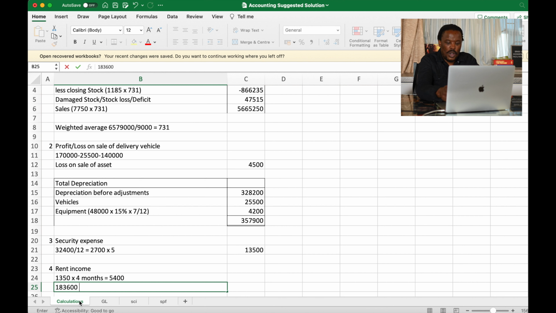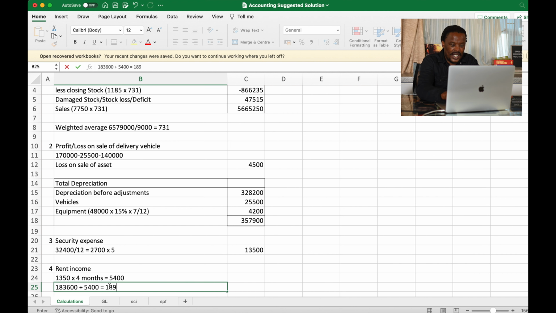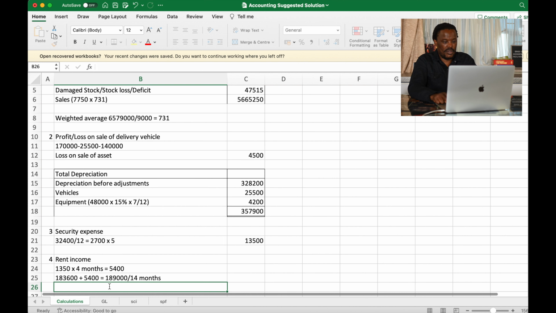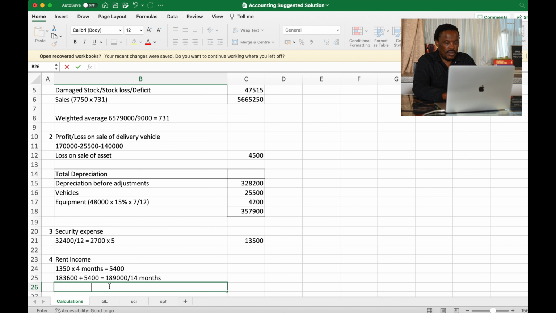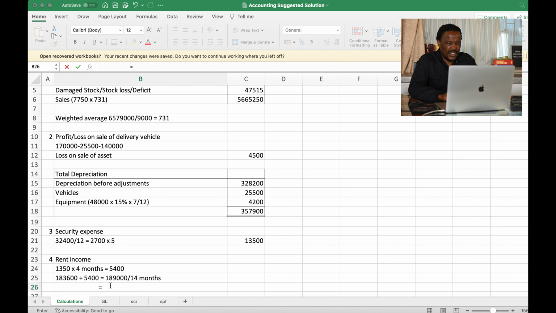It was not reduced, assumingly, so we add 5,400, which equals 189,000. 189,000 divided by 14 months, which equals 13,500.